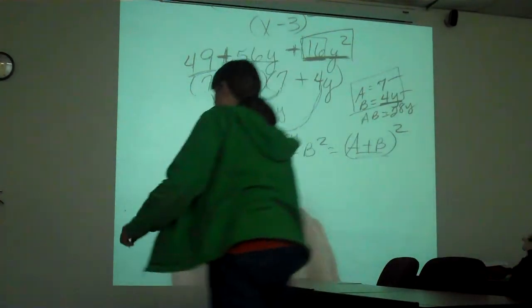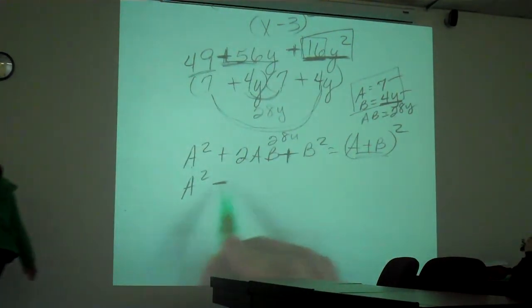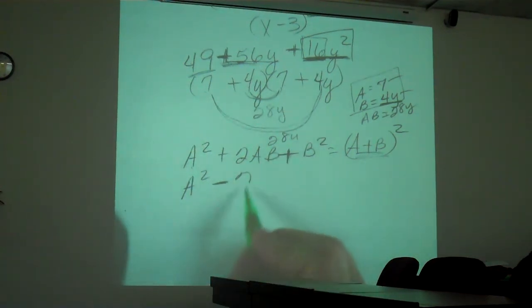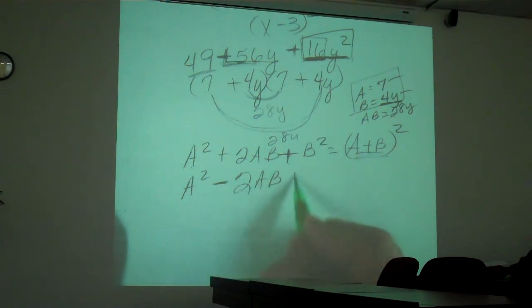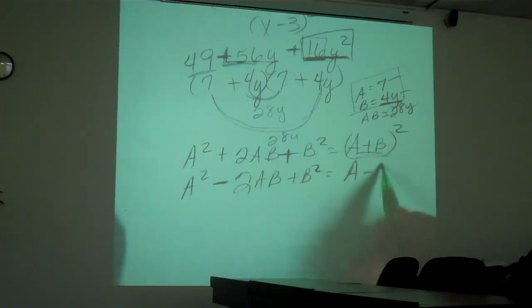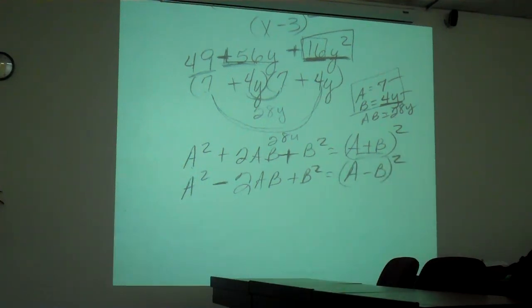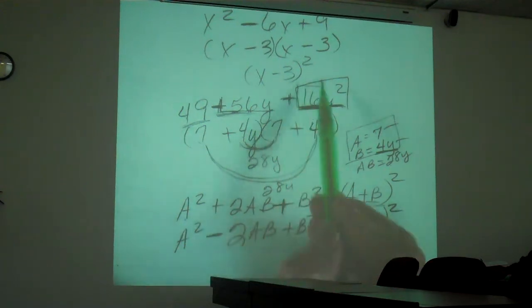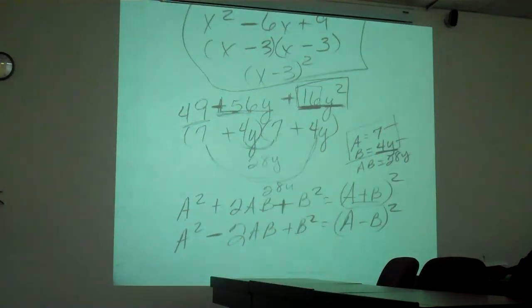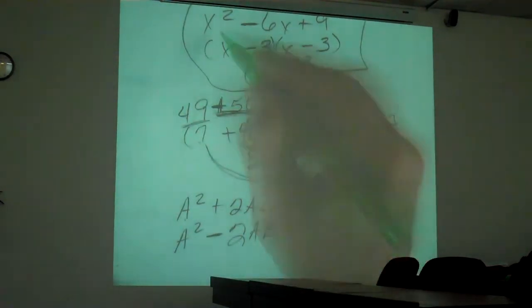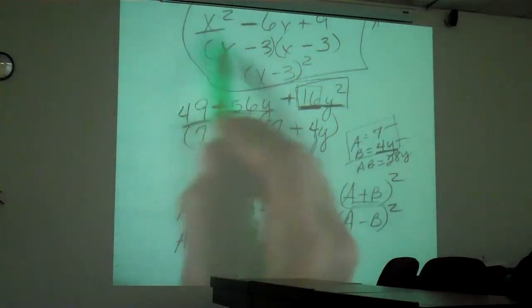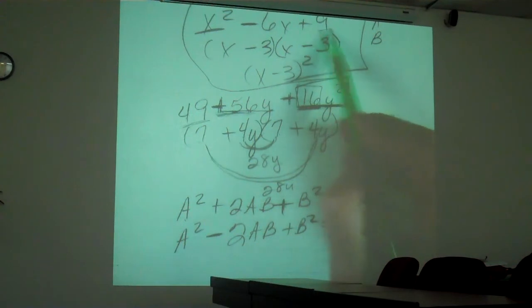Okay, there's another square, the one with the minus, the exact same thing: a squared minus 2ab plus b squared. This will factor into a minus b squared, which is what we saw here. A is x. A was x. B is the square root of that.